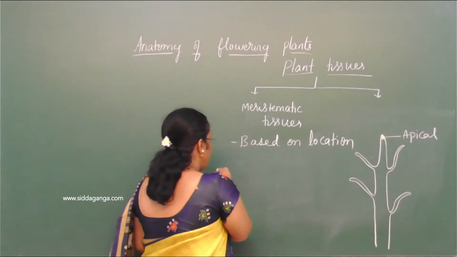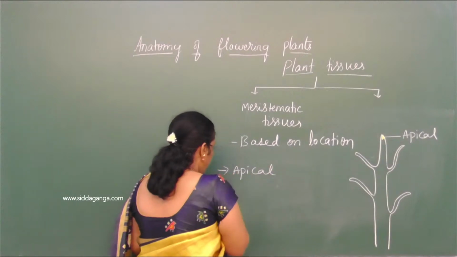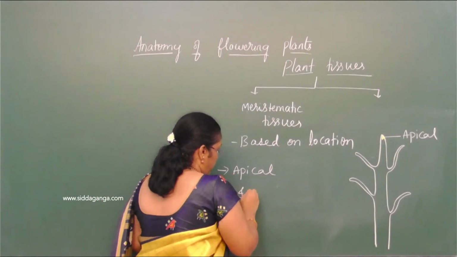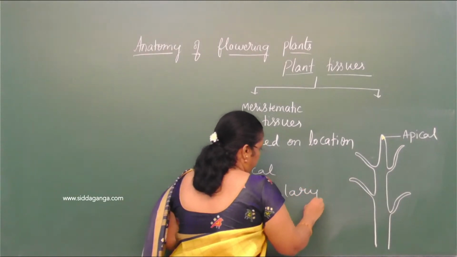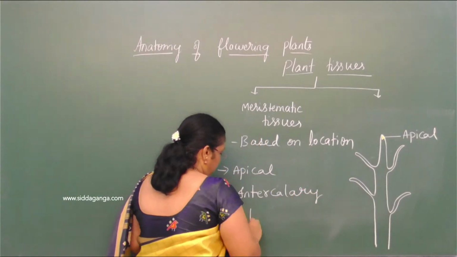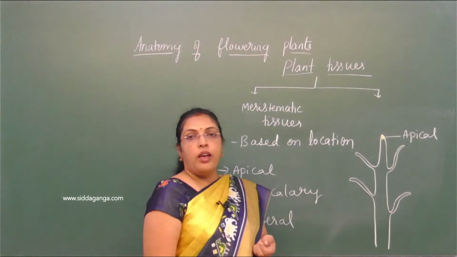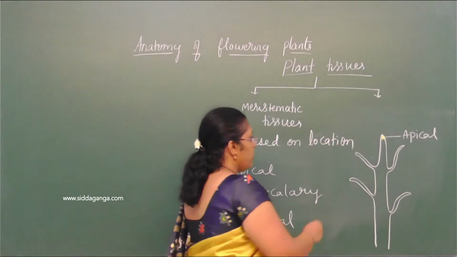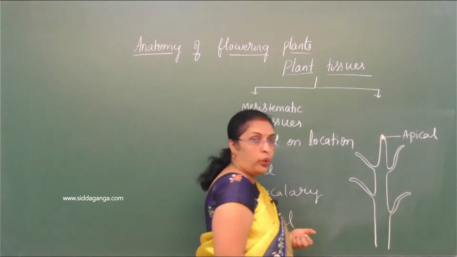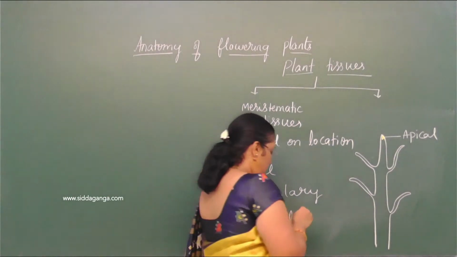Based on location, we have three types of meristems: apical meristems, intercalary meristems, and lateral meristems. Apical meristems are present at the tip of the growing plants, that is, at the tip of the stem and in the tip of the root.